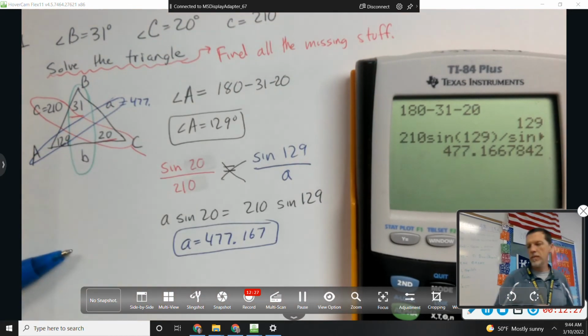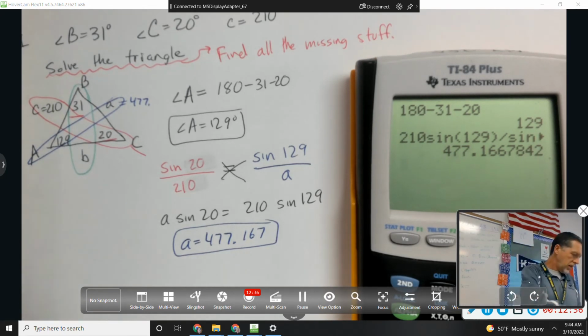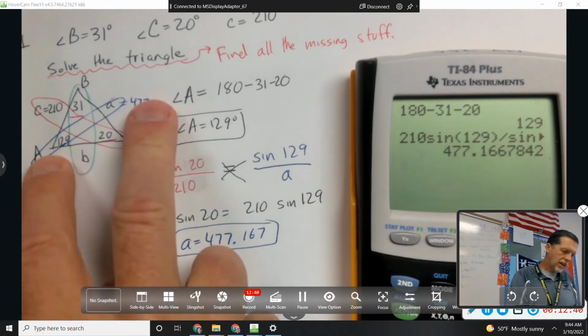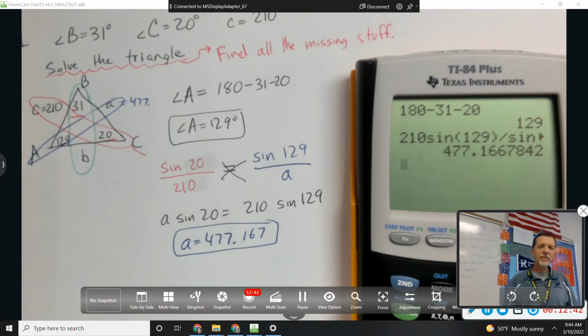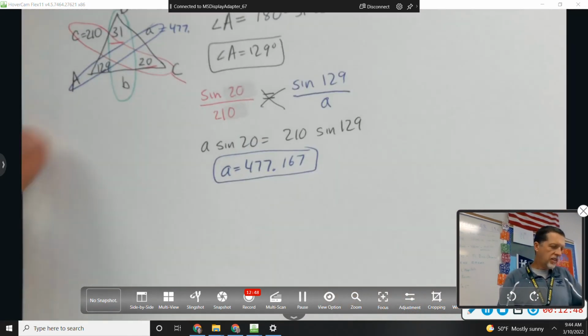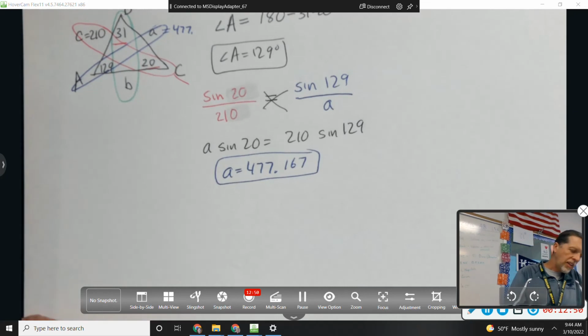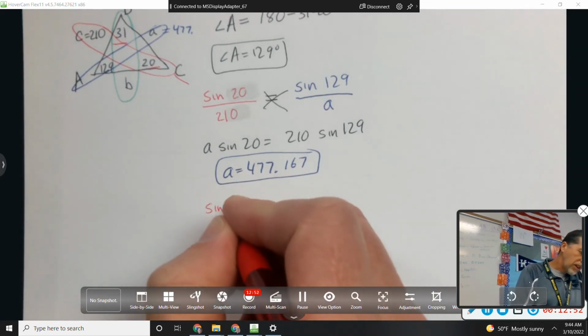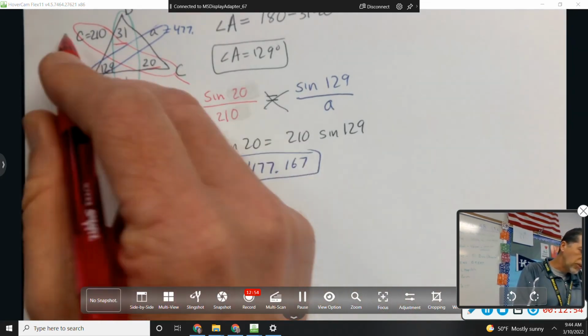So there's side A. What's left to find? Side B. Since C was the original information, I think it's probably wise to use the original information.